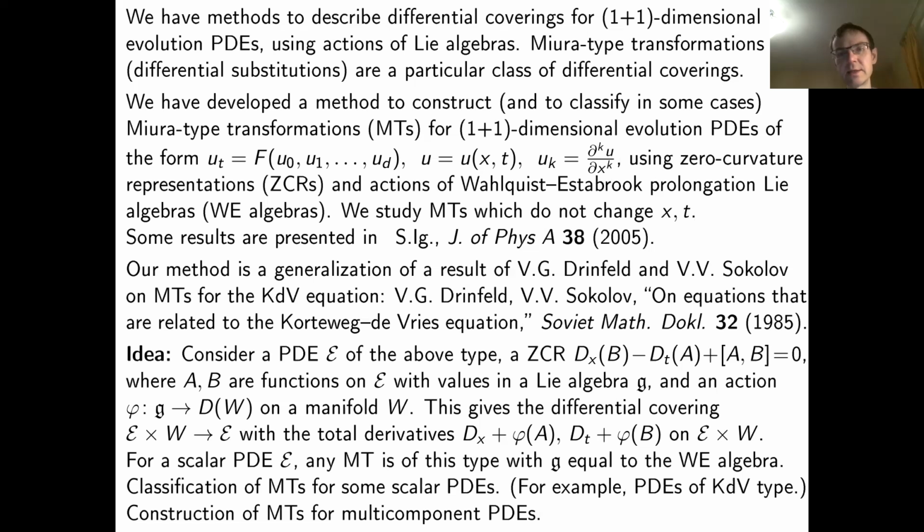So these, total Dx and Dt, are the total derivative operators of E, and phi of A, phi of B are some vertical vector fields. So the Cartan distribution on E cross W is spanned by these two commuting vector fields. The fact that they commute follows from this condition.